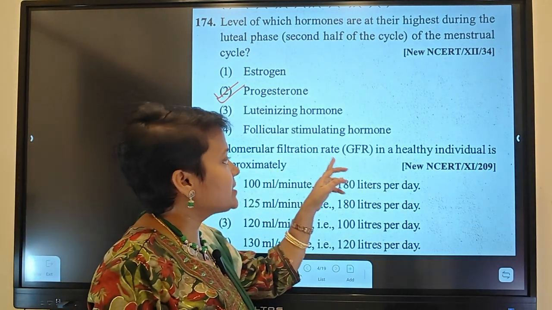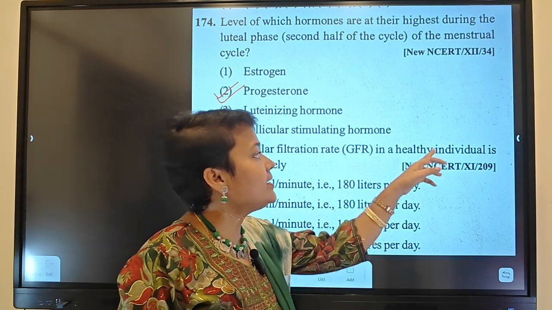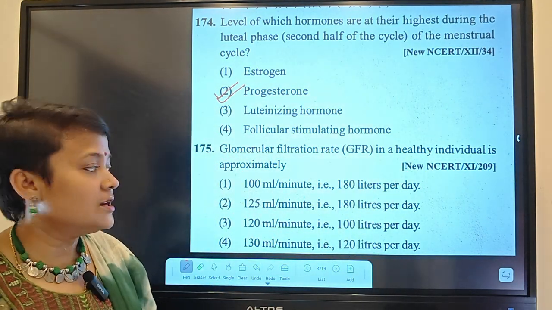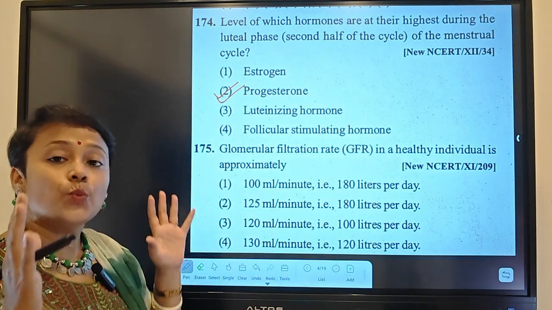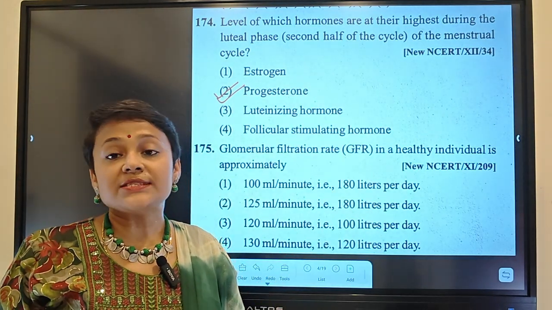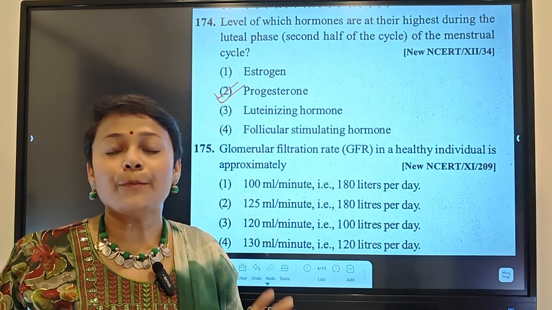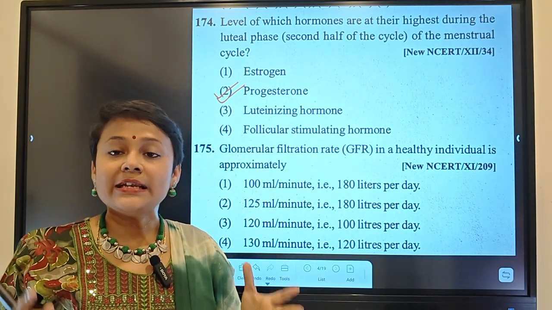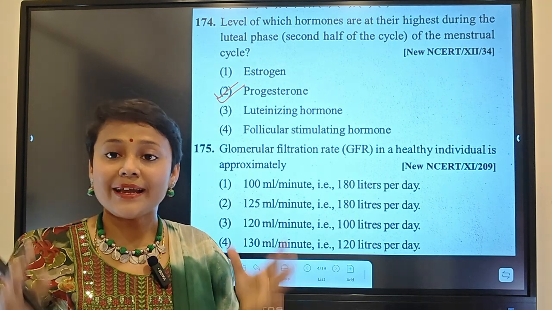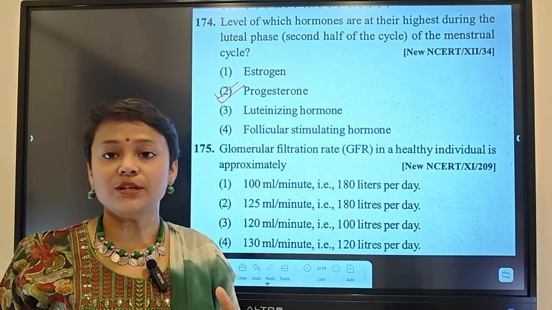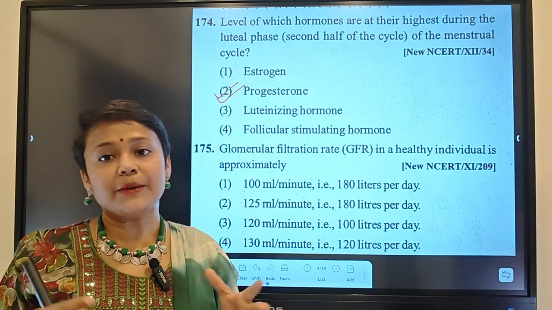Coming to 175. Glomerular filtration rate in a healthy individual is approximately, this is a database question, we all know that it is 125 ml per minute, which is 180 liters per day. But we are not producing 180 liters per day, because 95 to 99% will be reabsorbed by the PCT, right?